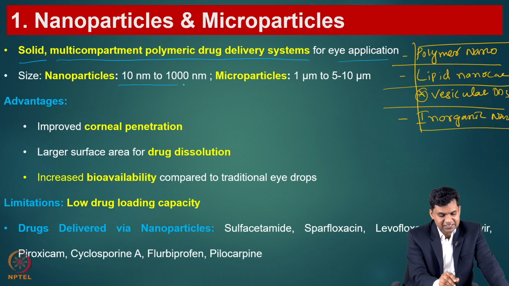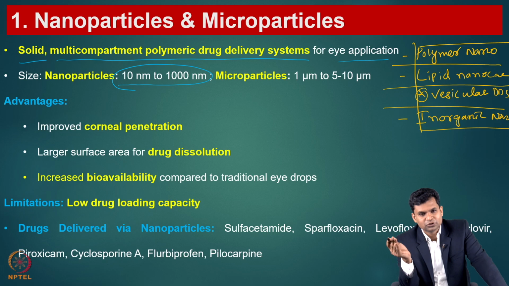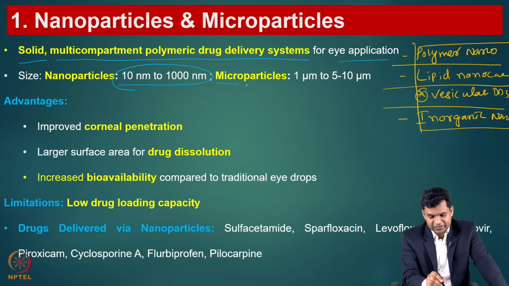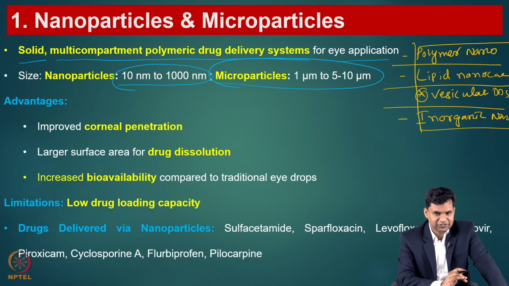Now, you can see the size range. These are the theoretical size ranges, from 10 nanometer to 1000 nanometer for the nanoparticles, whereas for microparticles, 1 micron to 5 to 10 micrometer is preferable for the applications.